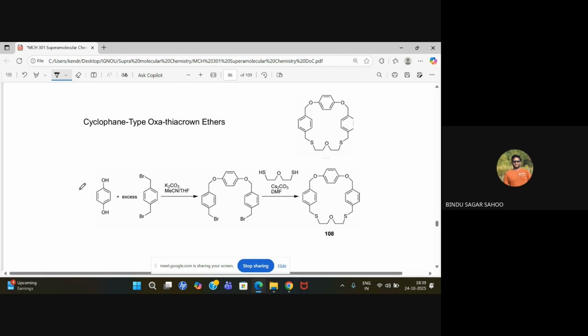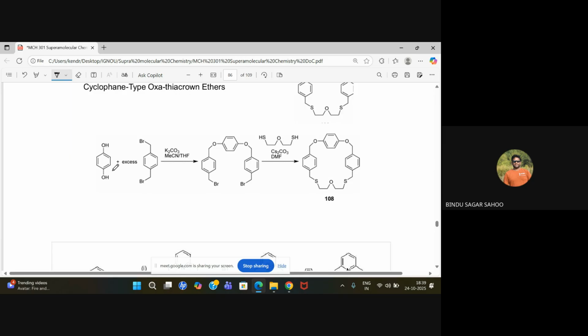You can also synthesize it by taking the 1,4-phenol group. Here you can take these two substrates and add a base like K2CO3. They will initially form a cyclic group, and further you can add cesium carbonate with DMF and another substrate.